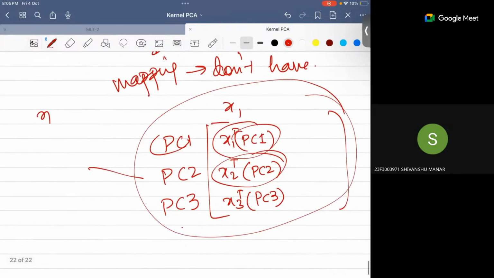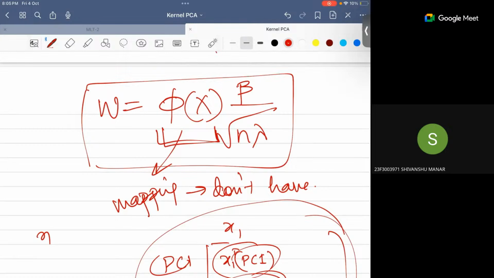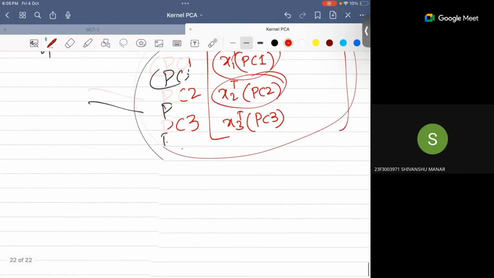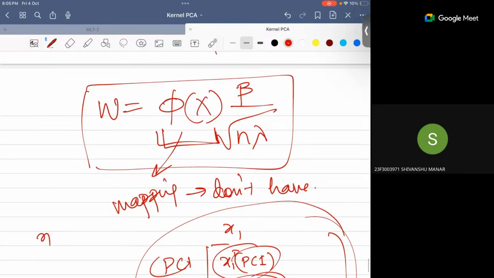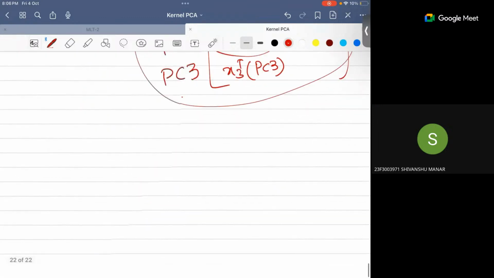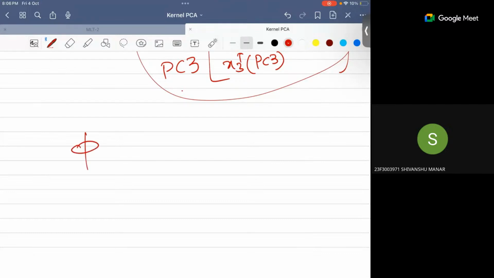So here also, because we are not able to find the principal component, we'll try to store the projection. What will the projection be? If we have vector x, the projection is x transpose W, right? So for these matrices, the projection will be phi of xi transpose wi, if we have this as an eigenvector.